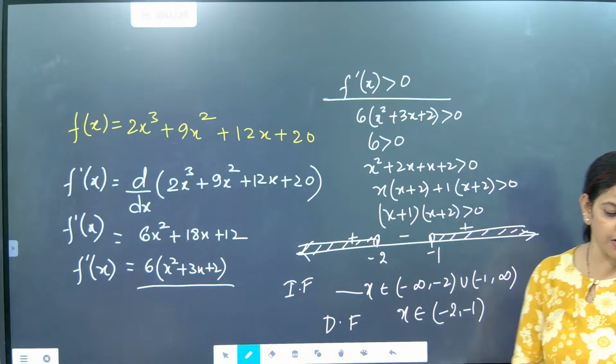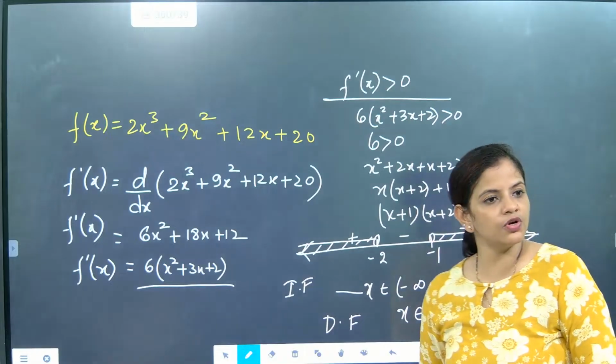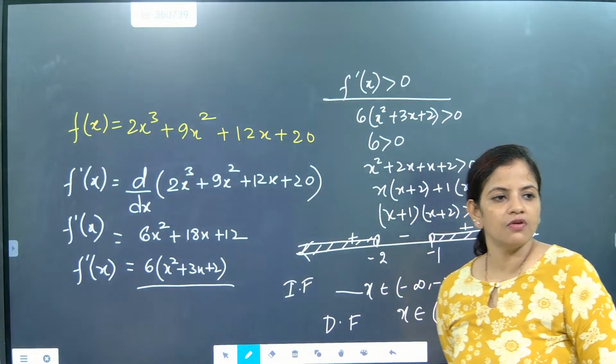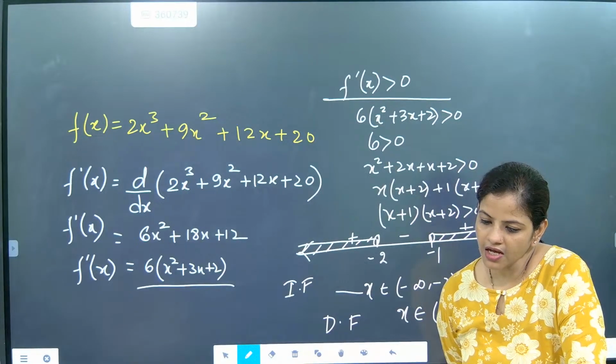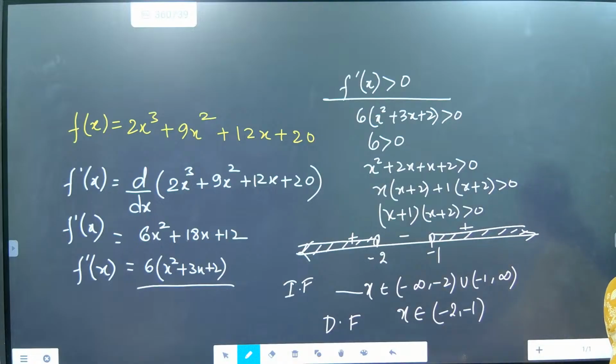So this is the limit coming, minus 2 to minus 1. Minus 1 is greater than minus 2. For a negative number, minus 1 is greater. I hope you might have understood this one, beta. So this is exactly the thing you have to do.